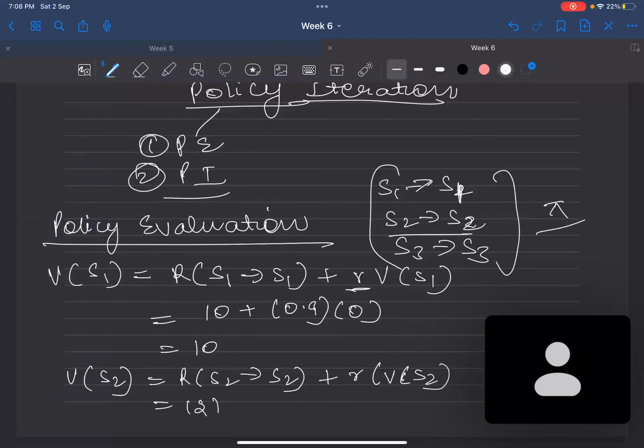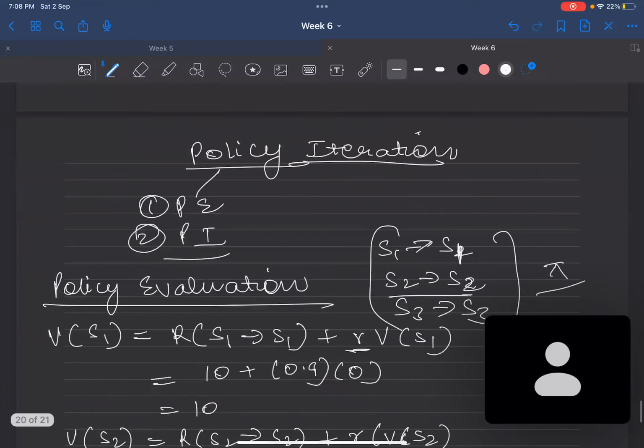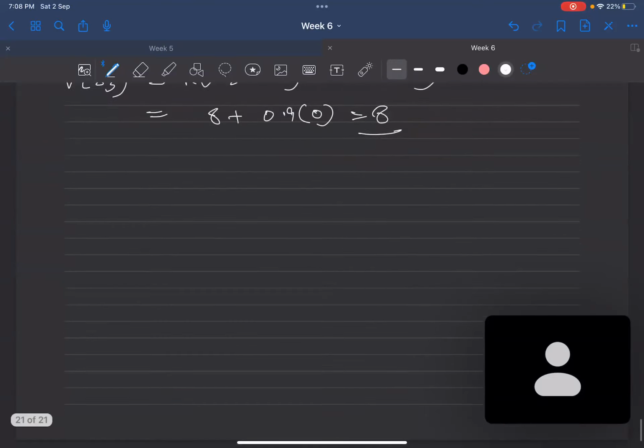S2 to S2 is 12, plus 0.9 into 0, that is basically 12 only. What is the reward from S3 to S3? 8. This was the first step, that is policy evaluation.